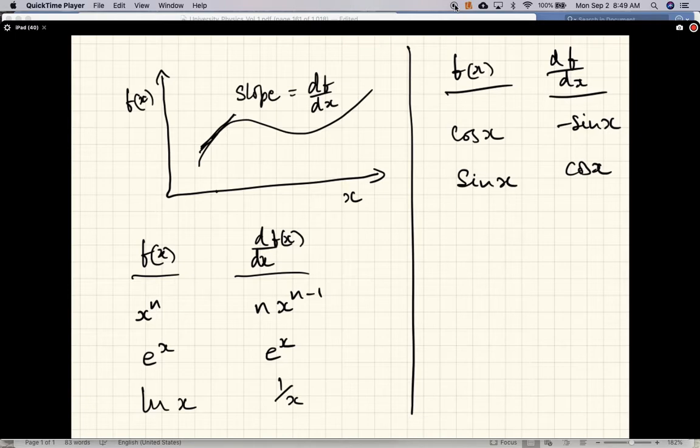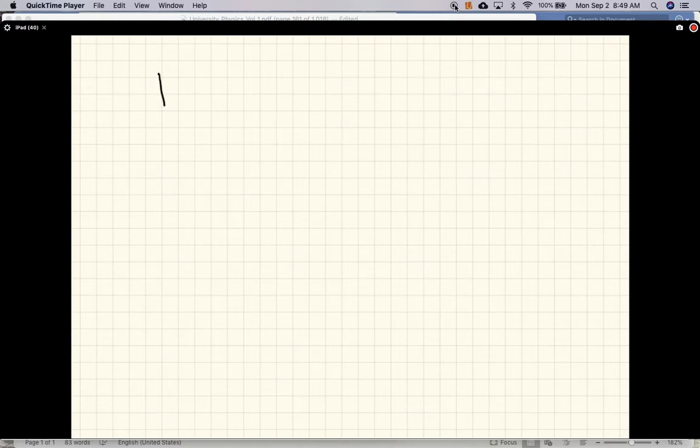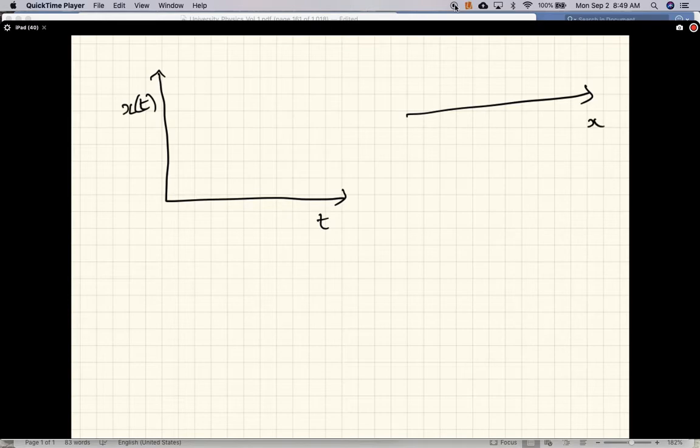Okay. So for instance, if our function is the position of an object as a function of time. Here's the x coordinate, and let's say here's a particle that is moving, and I'll simulate the motion of the particle moving along like so in time. So this is t1, t2, t3, and so on, t5.